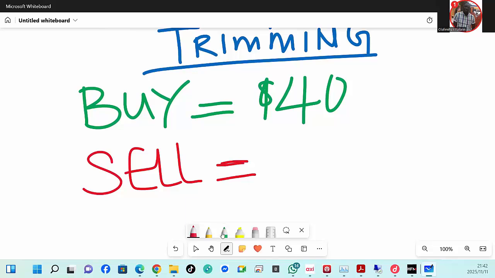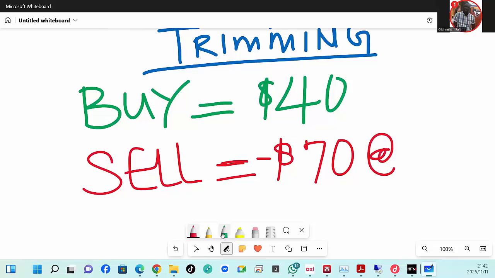Okay, let me say our sell is equal to, this should be minus one. Okay, let's say our sell is equal to minus $70. Let me put it this way. I just want to improvise to match what I want to explain at 3 lot size. 3 lot size, okay?